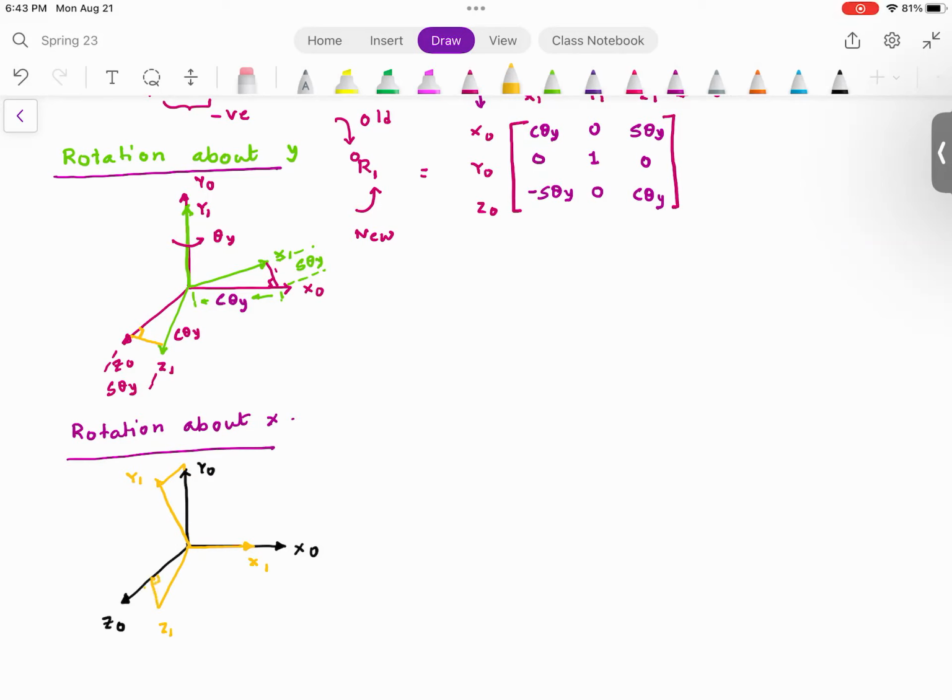This is perpendicular, this is perpendicular, and as you can see, this angle is theta y, this angle is theta y, so this is going to be cosine theta y, cosine theta y, yes, theta x, theta x, theta x, you're right.